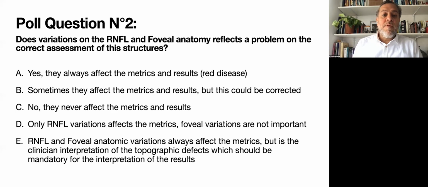C, no, they never affect the metrics and the results. D, only RNFL variations affect the metrics; foveal variations are not important. Or E, RNFL and foveal anatomic variations always affect the metrics, but the clinician's interpretation of the topographic defects should be mandatory for the interpretation of the results.